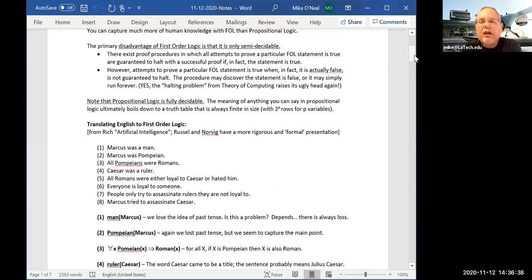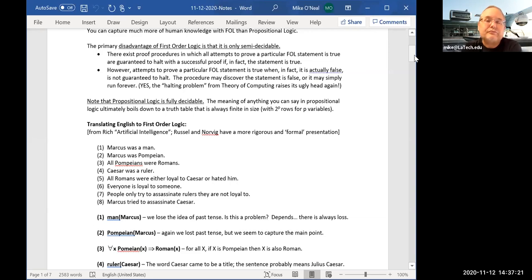If I set out to prove that something is true and it really is true, as in it really is implied by the true things that you already know, then you will be able to find a proof of that thing. So if I go to prove something is true and that thing actually logically follows from other things that I know, then I will be able to find a proof of it.